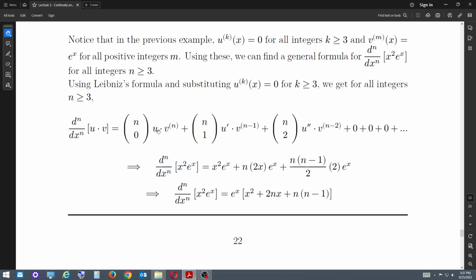Alright, and then we plug in what u is, and the derivatives of u and the derivatives of v. Remember, the derivatives of v are just e to the x. So it's really the derivatives of u we need to pay close attention to, x squared, 2x, and 2. And we can simplify that, and this is our expression here. So if we wanted, let's say, the 10th derivative of this thing, we could just substitute n as 10, and we get our answer. Alright, really straightforward.